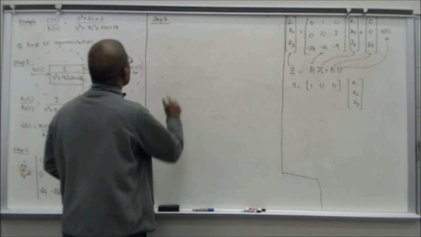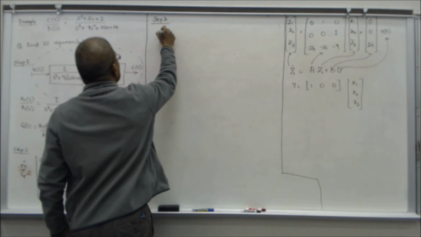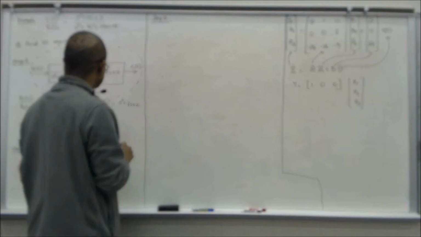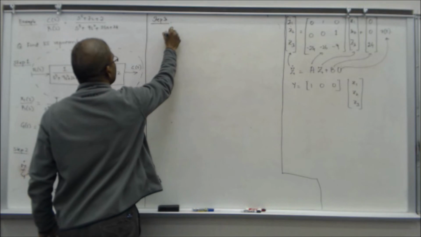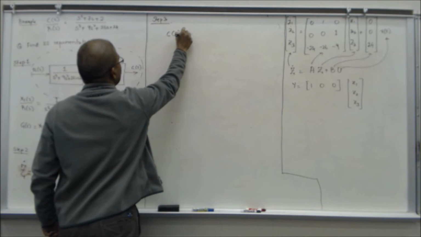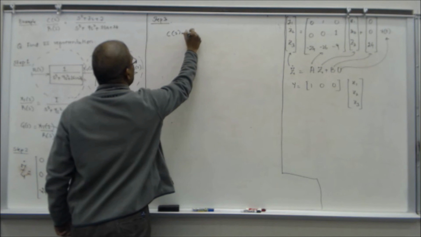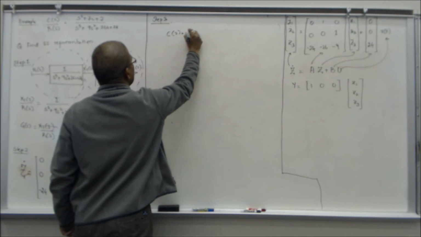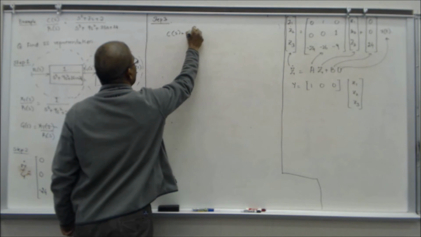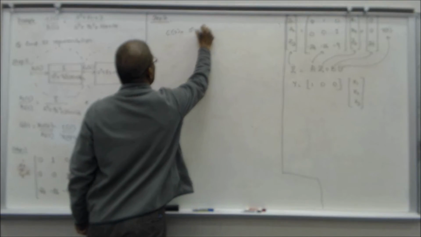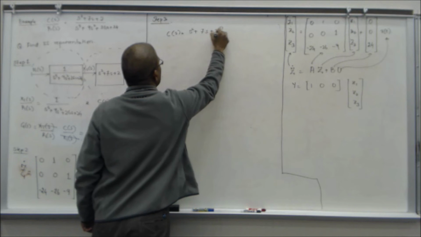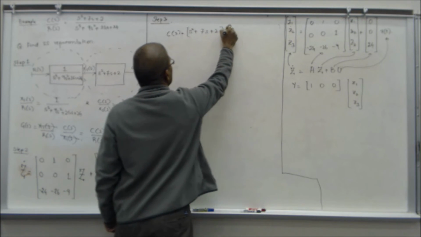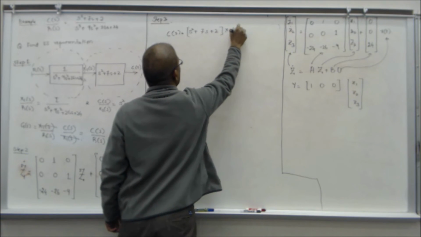So you can say y of, so what you can say here is C of s is equal to s square plus 7s plus 2 into x1 of s. Okay.